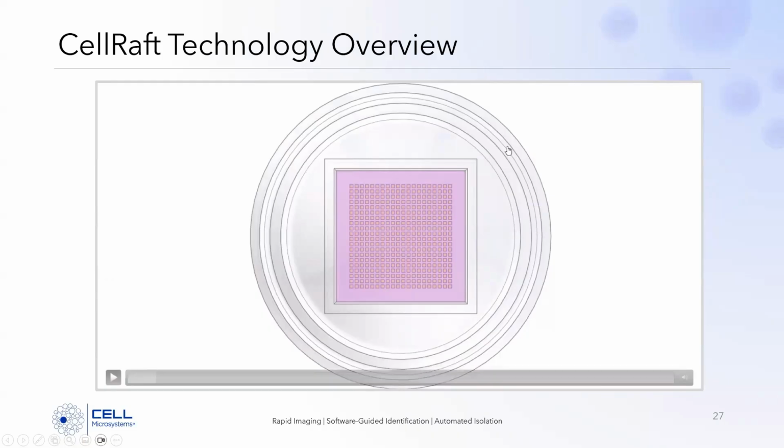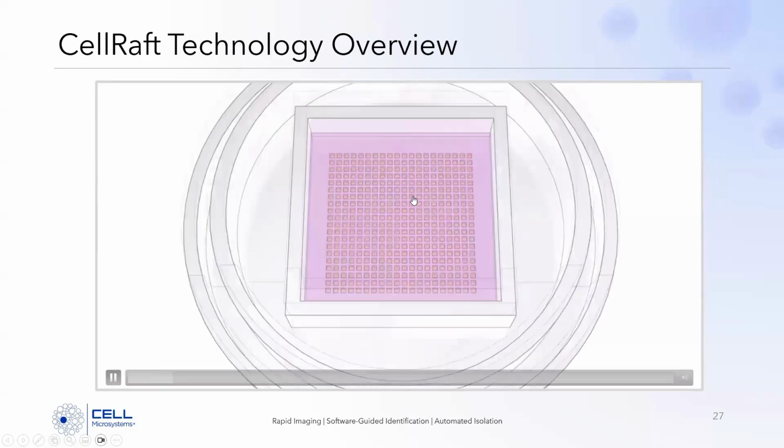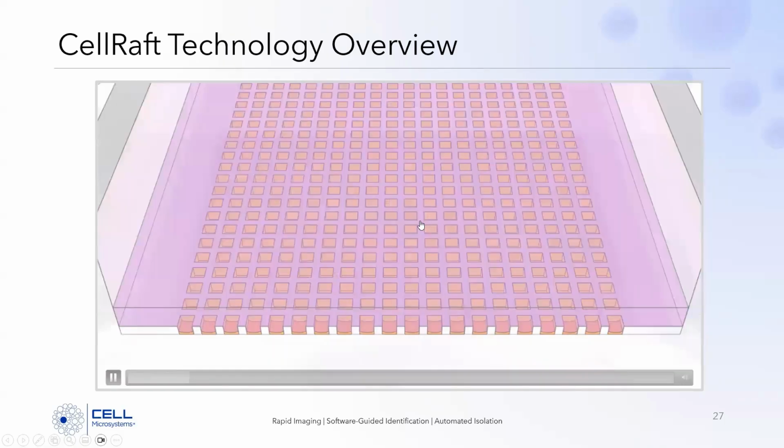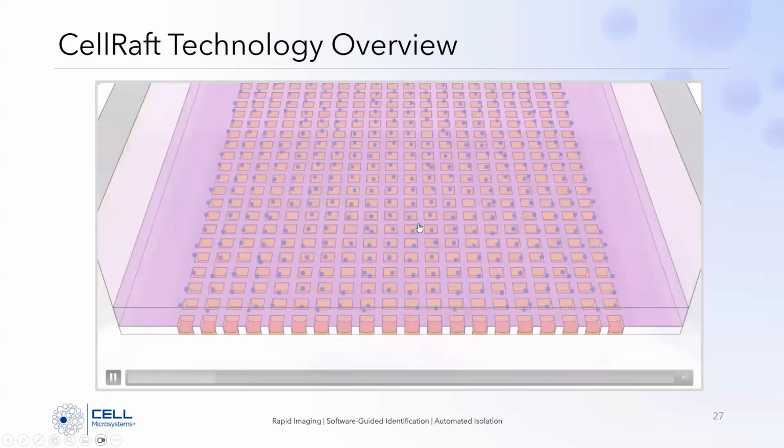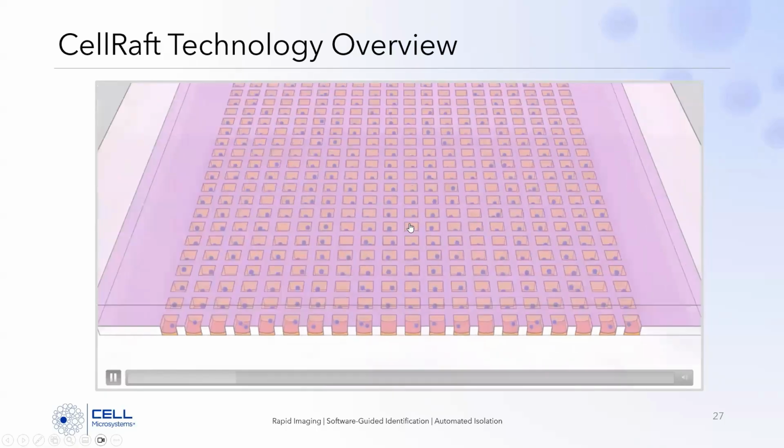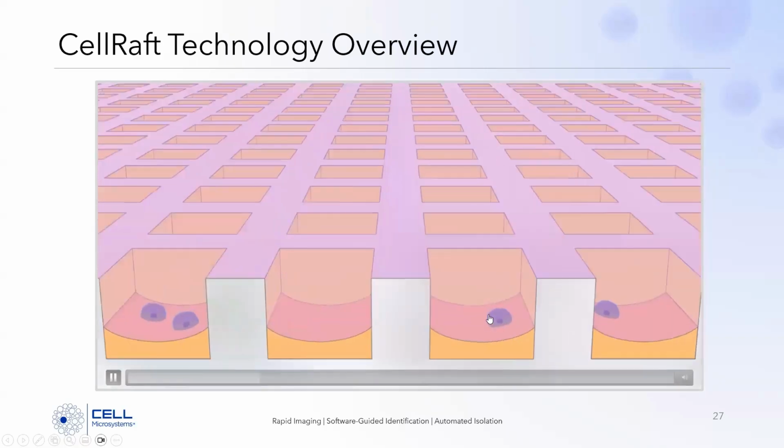The key to the technology is our consumable, the cell raft array, shown here. It is that multi-well, micro-well grid that I've shown you several times throughout the talk. Within that multi-well array, we can seed our iPSCs, whether they're edited or reprogrammed. The cells settle by gravity into the individual microwells and attach to that square that you've seen, which we call a cell raft.